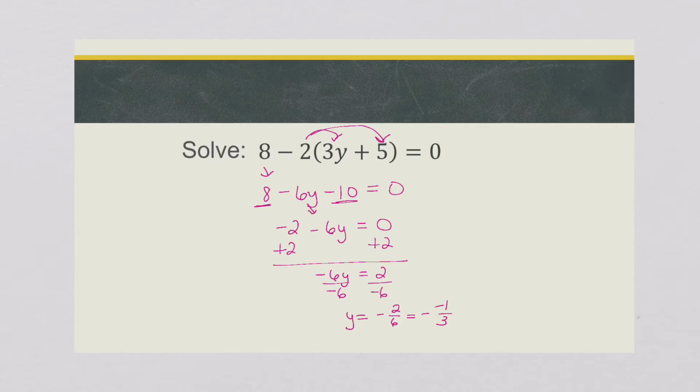So let's do that. So I've got 8 minus 2 times negative 1/3. Oh, I forgot something, sorry. Times the quantity 3 times negative 1/3, plus 5, does that equal 0? So the first thing I want to do is this right here. 3 times negative 1/3 is negative 1.